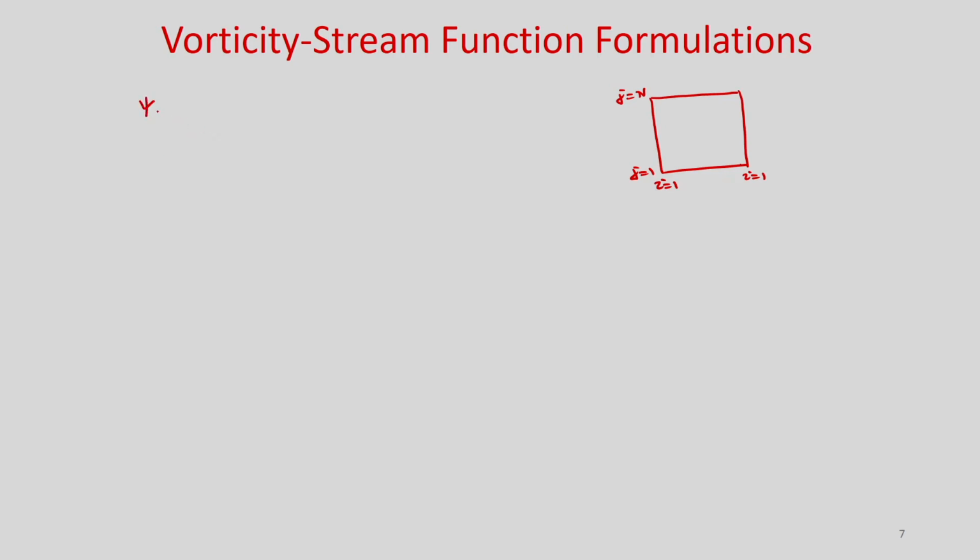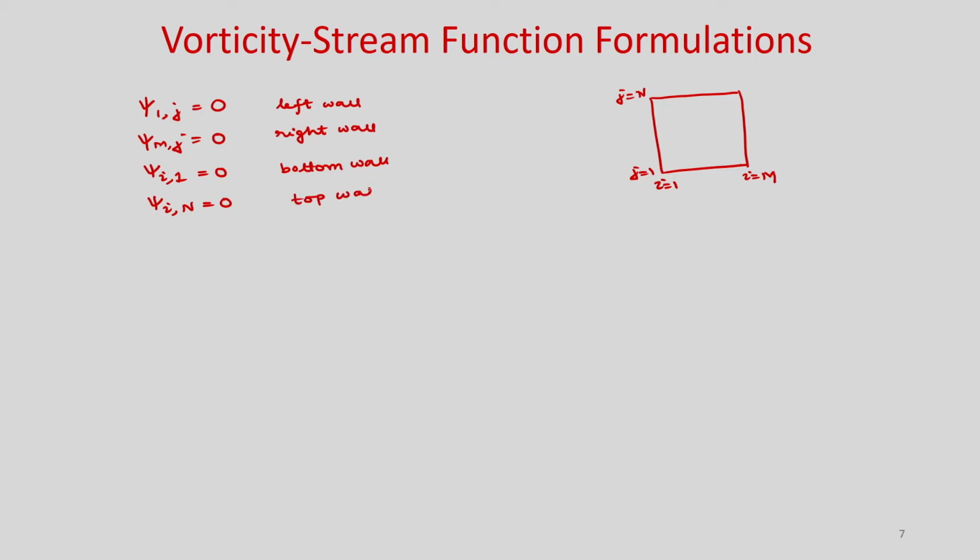So, psi 1 j is equal to 0 for the left wall, psi m j is equal to 0 for the right wall, psi I 1 is equal to 0 for the bottom wall, and psi I n is equal to 0 for the top wall, for all I.